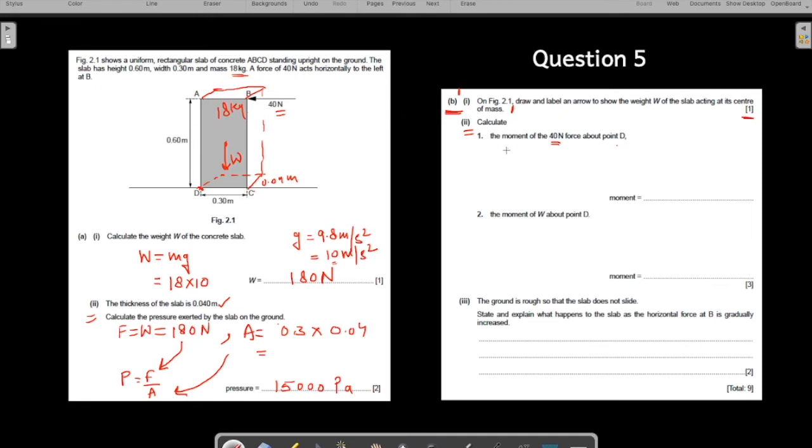What is the formula for the moment? Force times the perpendicular distance of the force from the pivot, right? Force is 40, and how much is its perpendicular distance from point D? So if I am talking about this force, how much is its perpendicular distance from the point D?